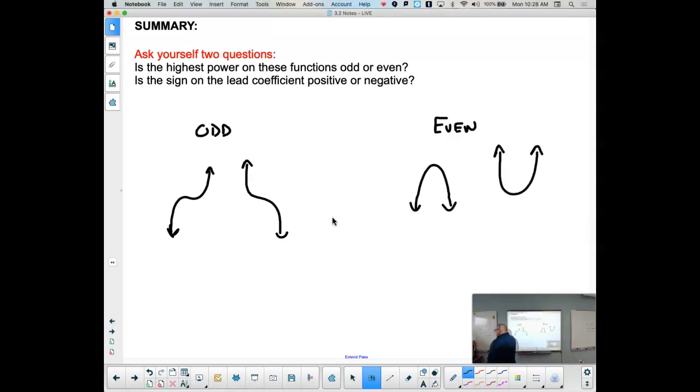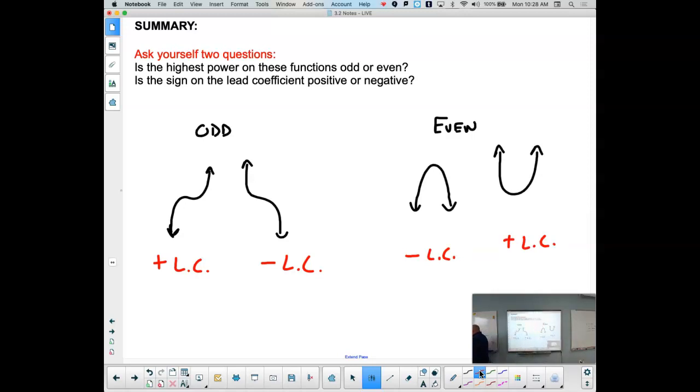Okay? And that is determined based off of the lead coefficient. So this one would have a positive lead coefficient, and this one would have a negative lead coefficient. This one would have a negative lead coefficient, and this one would have a positive lead coefficient.